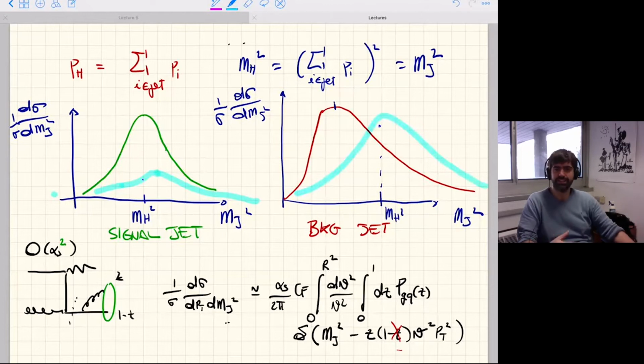So when you add this soft radiation coming from hadronization, the underlying event, and pileup, you distort your signal and background jets to the point that it's kind of difficult to reconstruct this idea of, I want to see the peak and I want to separate it from the background.